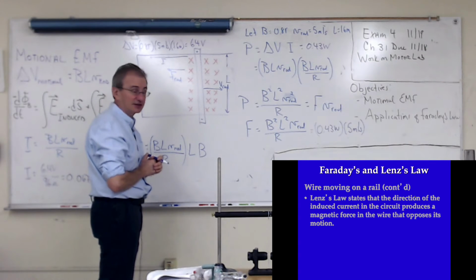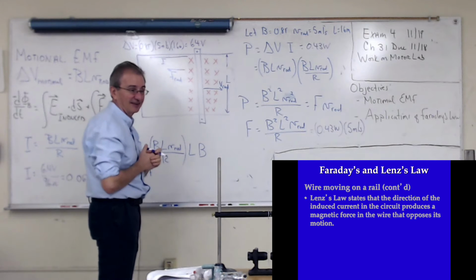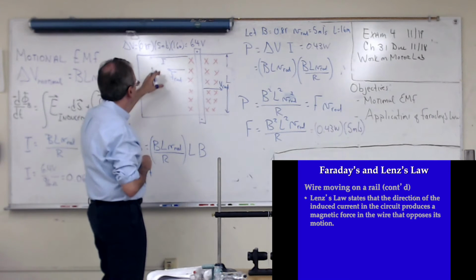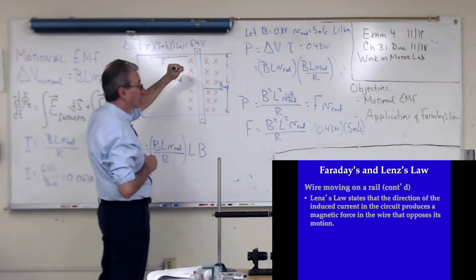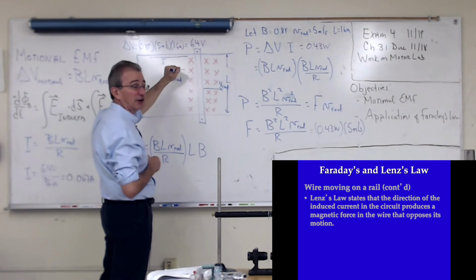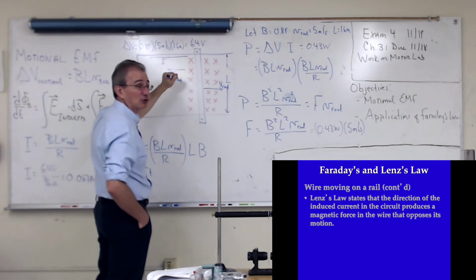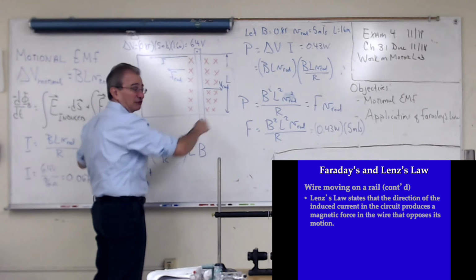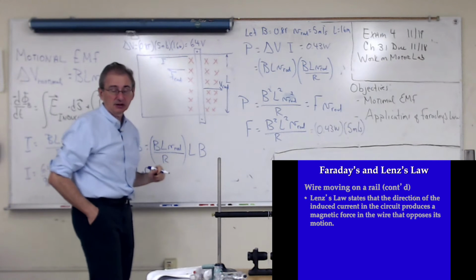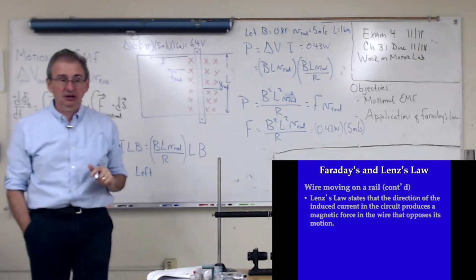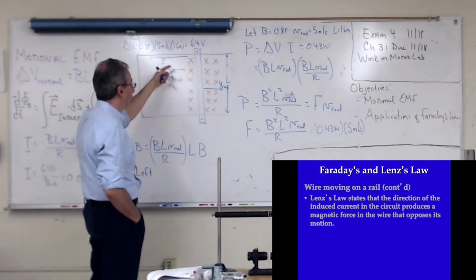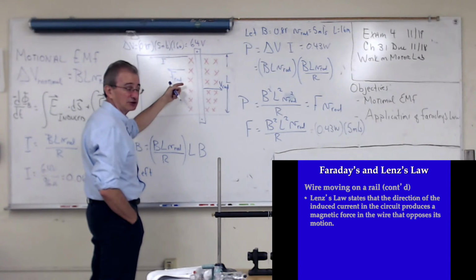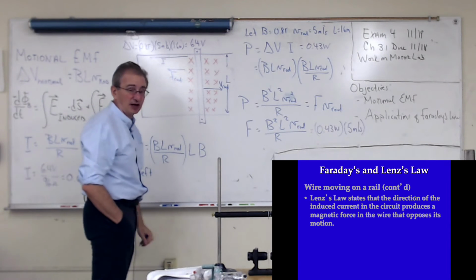The answer is yes, because the area is getting bigger. But the induced current produces a magnetic field in the opposite direction, so it's trying to oppose that increasing flux. That's what that means. It's basically producing a magnetic field in the opposite direction so that it opposes the change in flux.